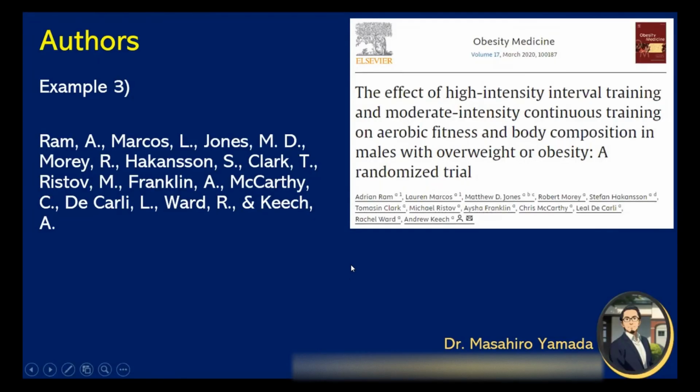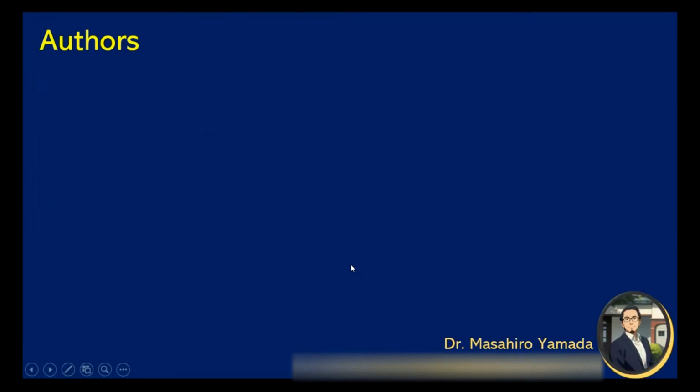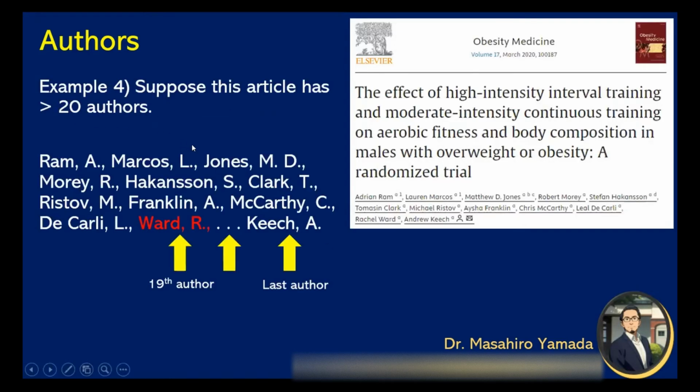The only exception is when the manuscript has more than 21 authors. Imagine using the same article, just hypothetically, written by, let's say, 28 authors. Then you spell out, just as we learned, the first author, and the next, and the next, until the 19th author.